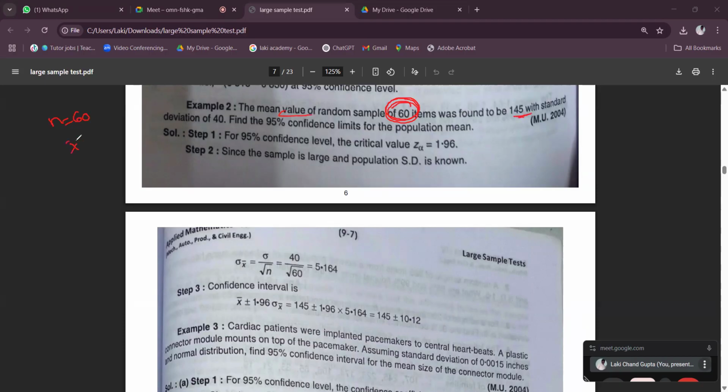This is the sample mean, the mean of the sample, with standard deviation 40. So find the 95% confidence limit for the population mean.